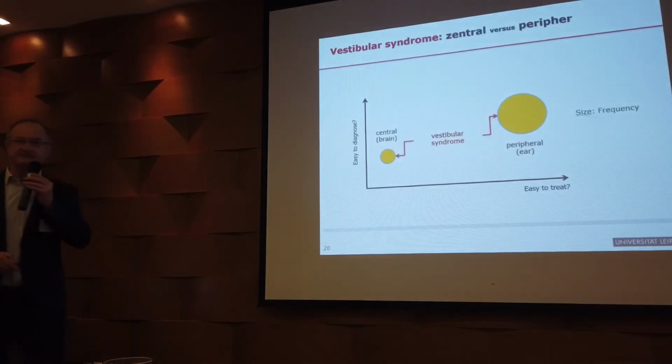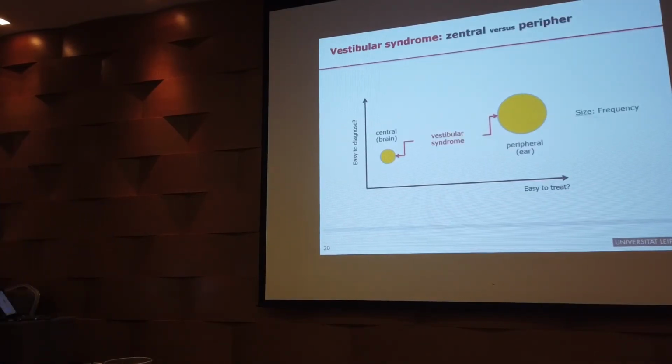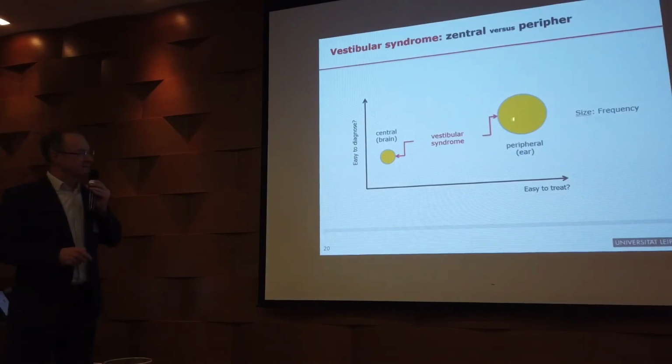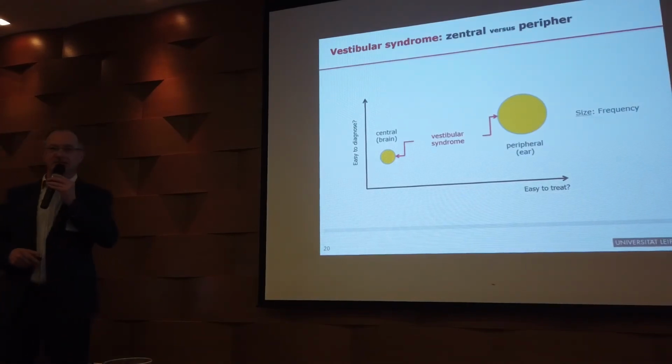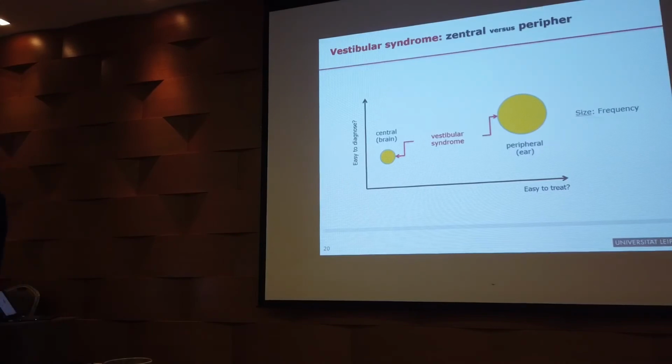If we put vestibular diseases in this chart, that's peripheral vestibular disease, and that's central vestibular disease. The first thing that becomes obvious is that it's much more common. If you have a patient with vestibular disease, it's much more common to be a peripheral problem. It's less common to be a central problem.